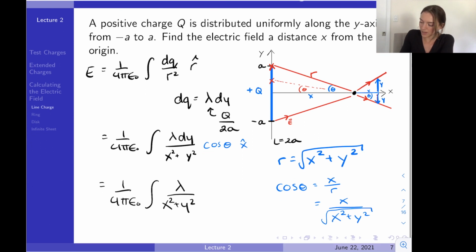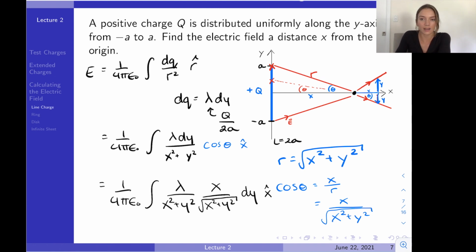I'm just going to keep the dy for the end. And then I'm replacing cosine theta with x over the square root of x squared plus y squared. And then I have dy, and this was all in the x hat direction, we said, since it's only the x component. And I forgot to mention earlier, we're integrating along this charge distribution, so our limits of integration are going to be negative a to positive a.